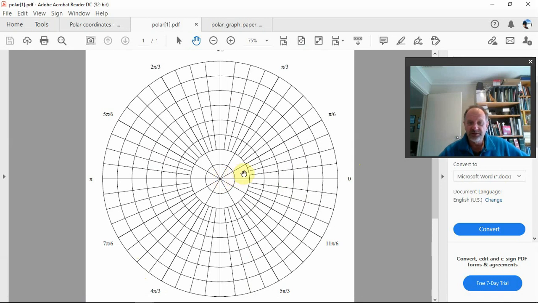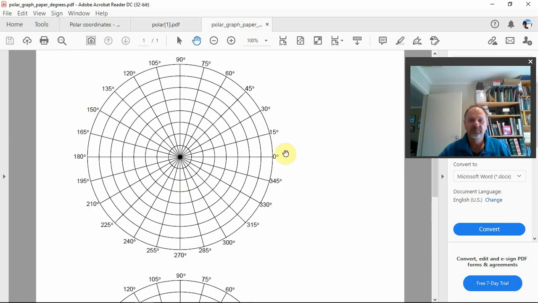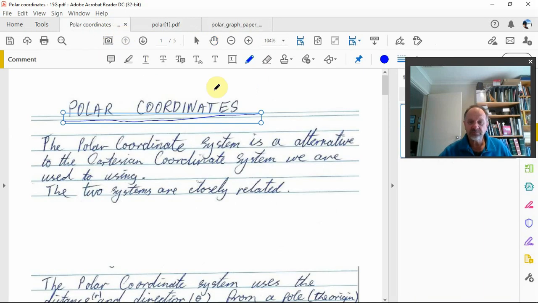Each of these circles might be 1 unit, for example, and then we've got some angles, so it's pi on 6, and each of these is divided into pi on 12, so that's what a radian measure one would look like. Here's a degree one, so again you've got circles representing the units from the pole, and then degrees around, and so that fits in here like this.